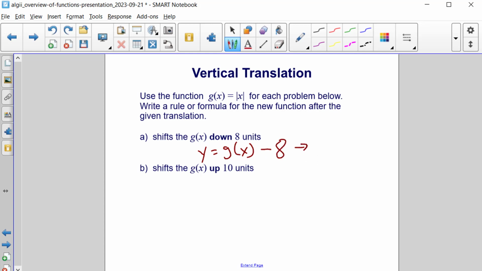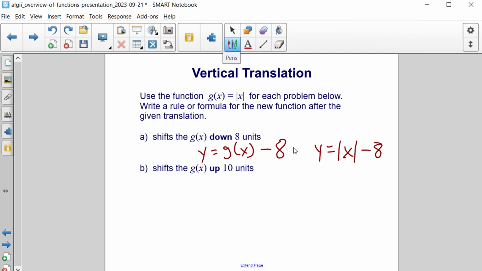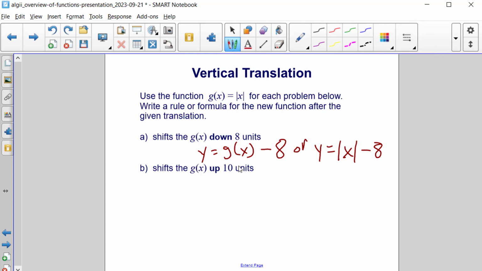You could also rewrite this as y equals, instead of putting g of x minus 8, you could write in what g of x is, the absolute value function. So absolute value of x minus 8. So either of these two answers are acceptable.